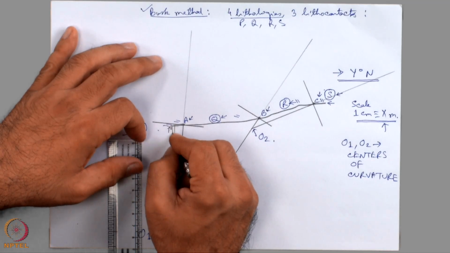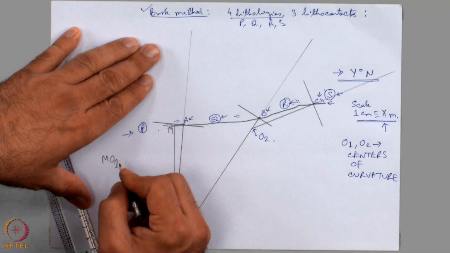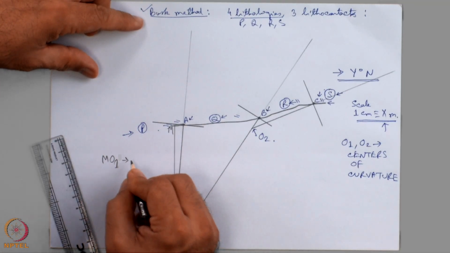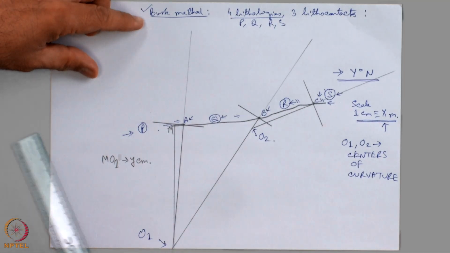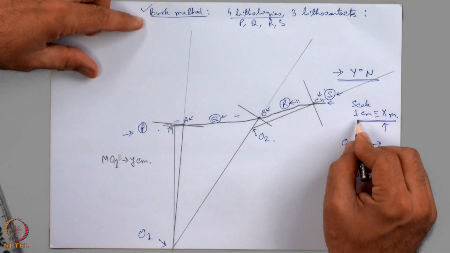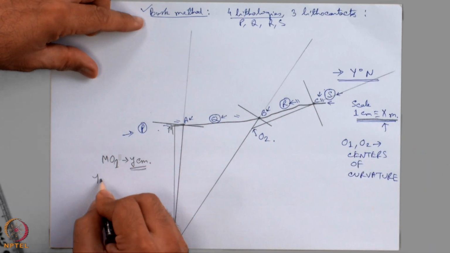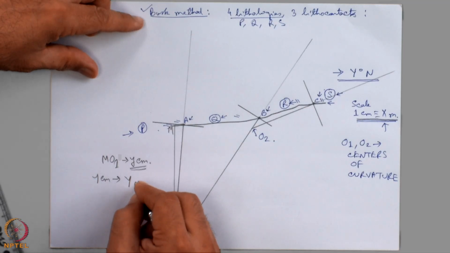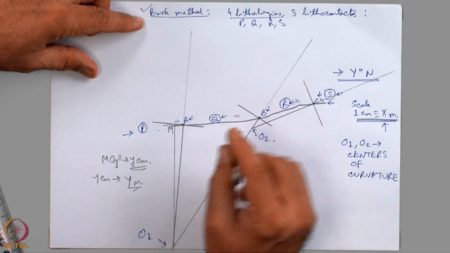This distance MO1 can be found out, say it is y centimeter, then as per scale if 1 centimeter is equivalent to x meter, y centimeter is equivalent to say capital Y meter. So, in this way the depth of O1 can be obtained. Similarly, the depth of O2 can also be obtained.